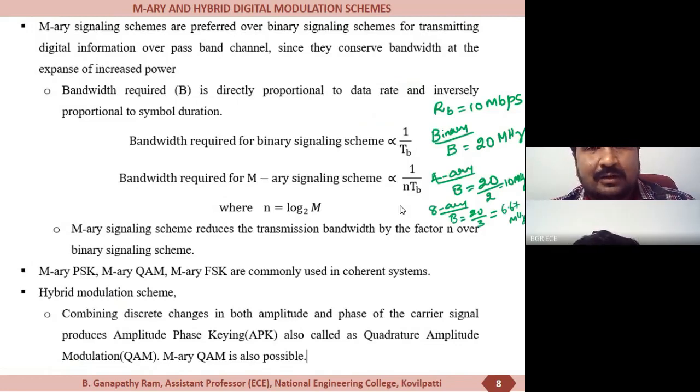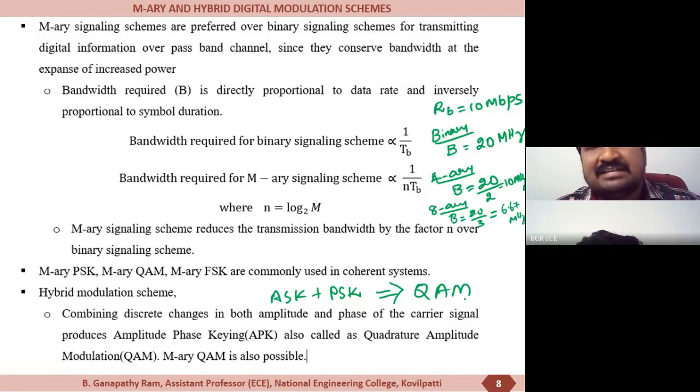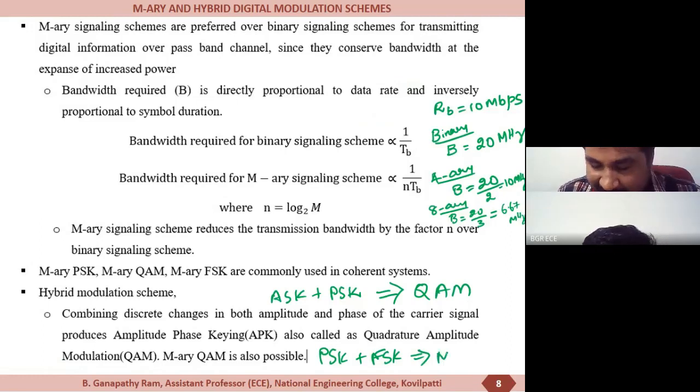So the combination of any of these modulation techniques creates hybrid modulation techniques. If ASK and PSK are combined, that will create quadrature amplitude modulation, which is simply called QAM. Similarly, when PSK and FSK are combined, it creates MSK, called minimum shift keying.